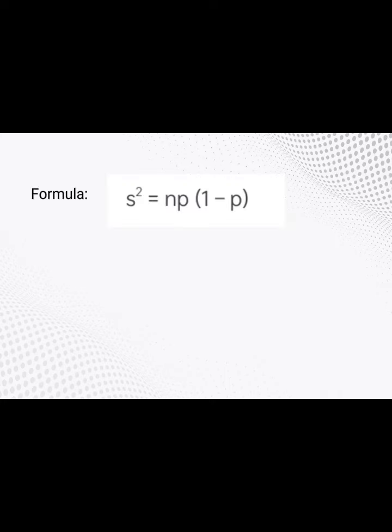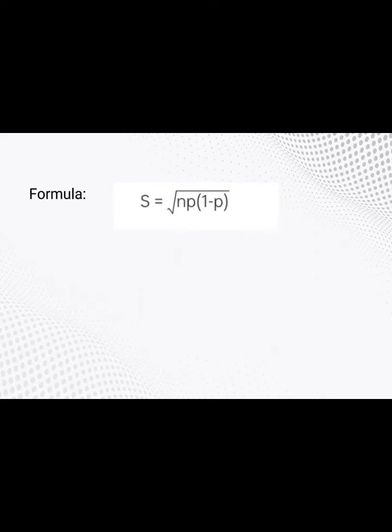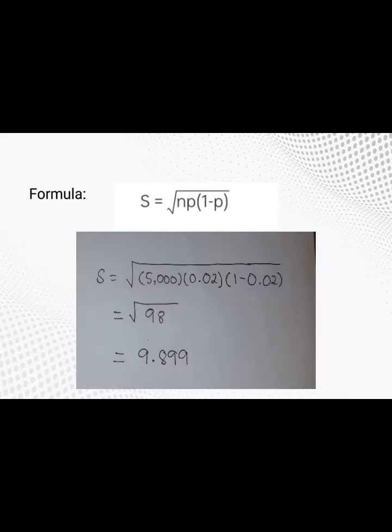Solve for variance, use this formula. Then substitute all the values and you will get 98 as your variance. To solve the standard deviation, use this formula. Substitute all the values and you will get 9.899 as your standard deviation.